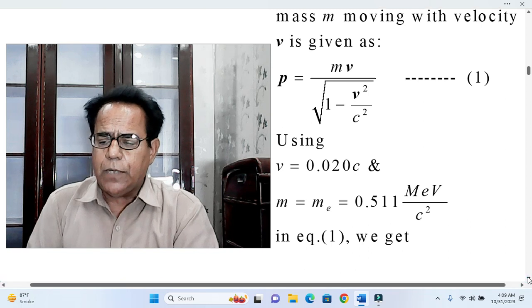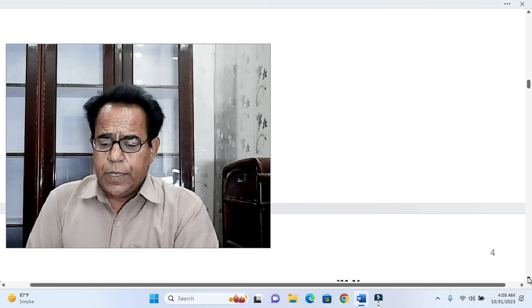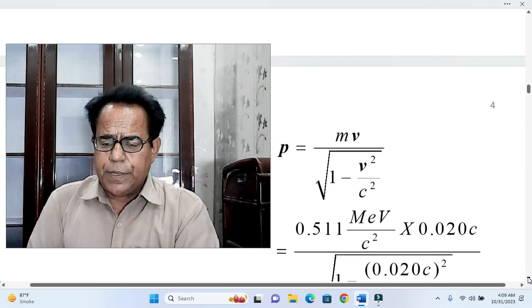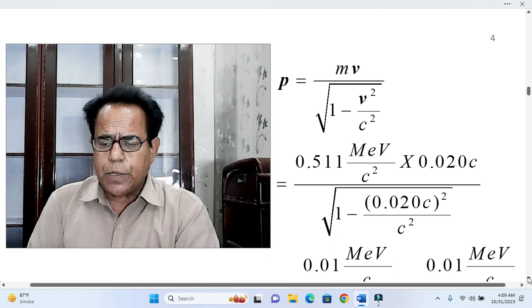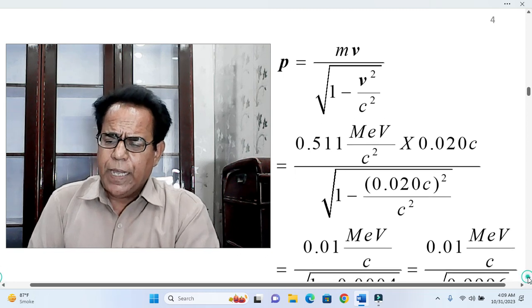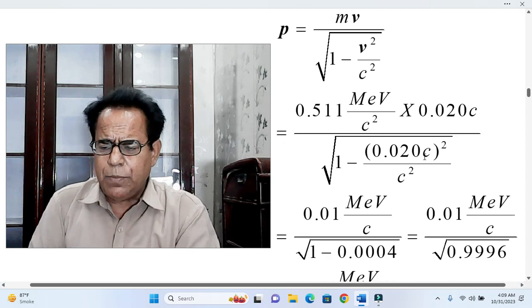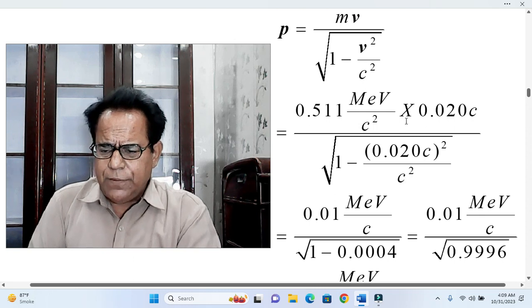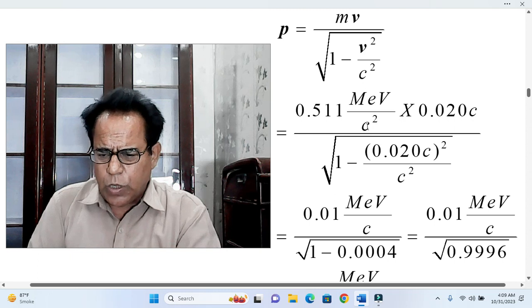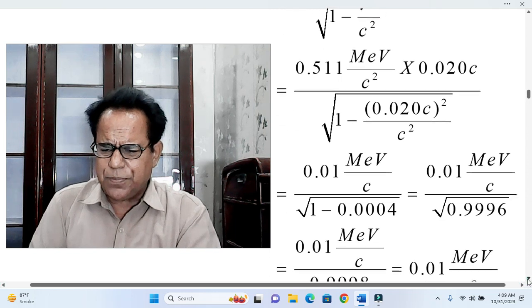In equation 1 we get the relativistic momentum p = mv / sqrt(1 − v²/c²). We have just put in values and then simplified. Here c² will cancel with c², and one c will cancel, leaving only one c in the denominator. Just simplification.